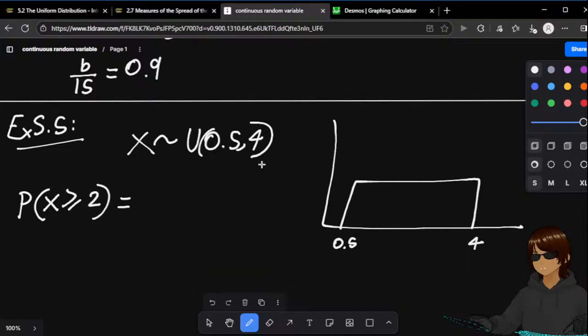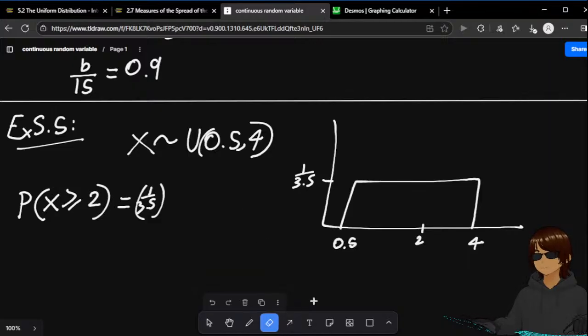Well, if it's reverse, then the height of this is 4 minus 0.5, which is 3.5. 3.5 area is 1, so the height is 1 over 3.5. So 1 over 3.5 times it with, actually, no. I want this area, right? 4 minus 2. Yeah, it's 2 then.